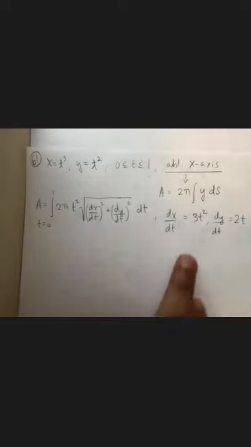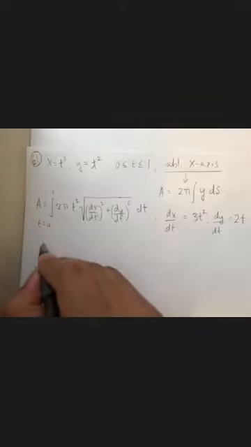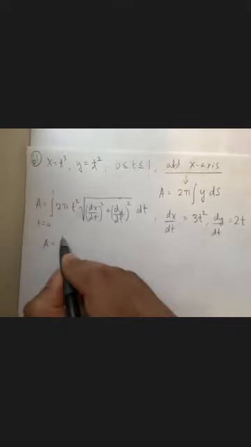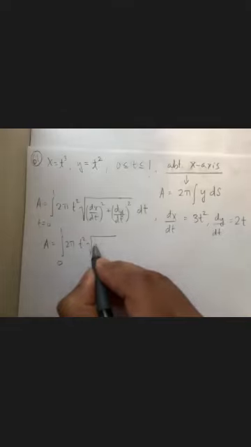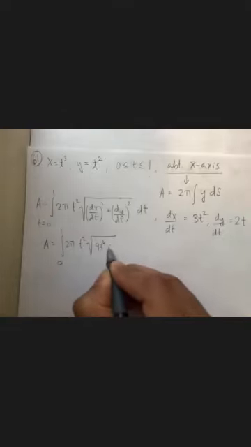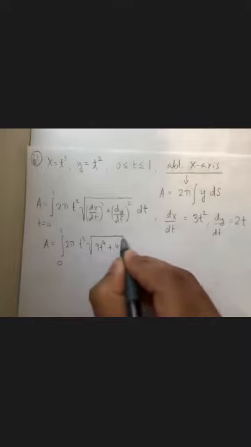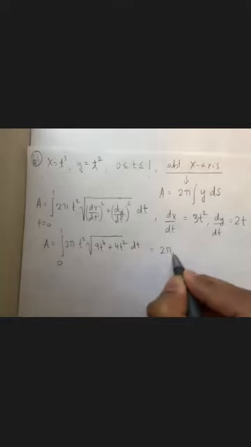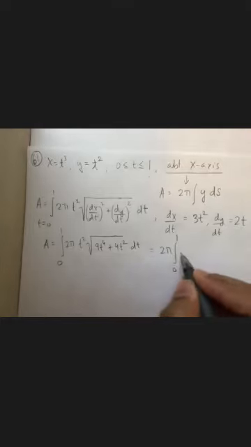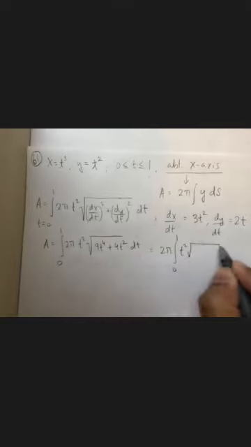So now we have to square them and add. We can factor out a t squared.